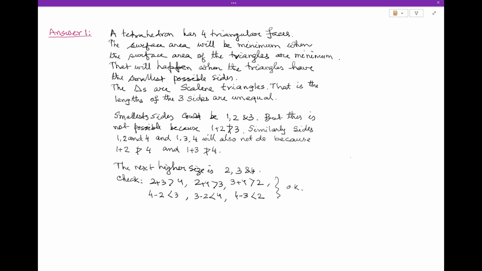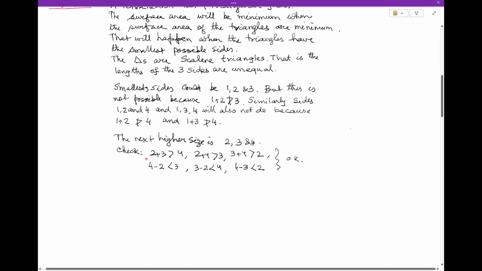Let us check this. 2 plus 3 is greater than 4, 2 plus 4 is greater than 3 and 3 plus 4 is greater than 2. That means the sum of any two sides is greater than the third side.